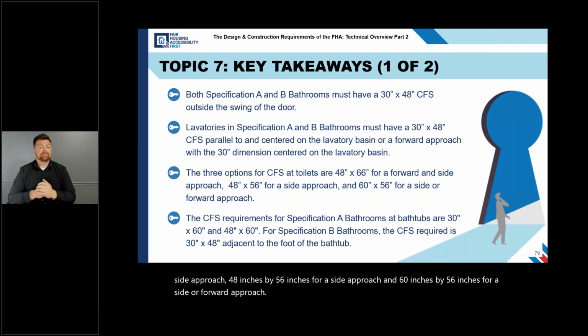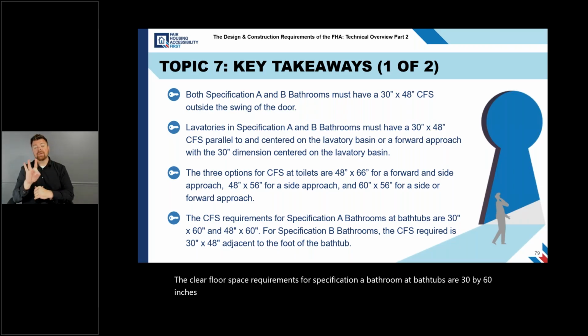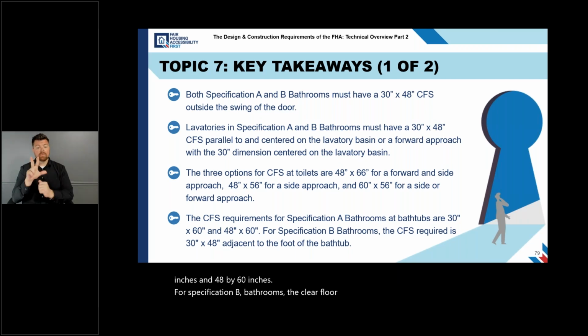The clear floor space requirements for specification A bathrooms at bathtubs are 30 by 60 inches and 48 by 60 inches. For specification B bathrooms, the clear floor space is required 30 by 48 inches adjacent to the foot of the bathtub.